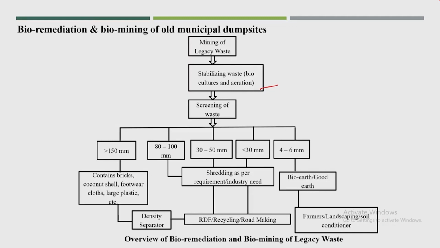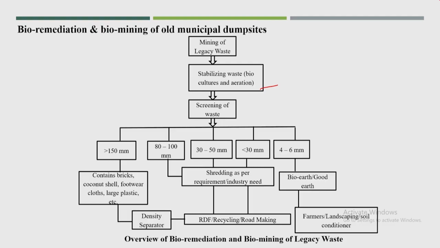Size more than 150 mm will contain bricks, coconut shells, footwear, and clothes. Likewise, the different sizes will have different kinds of compositions. The 4 to mm size is mostly bio earth, or what we were calling organic fines, which could be useful for farmers or as a soil conditioner.